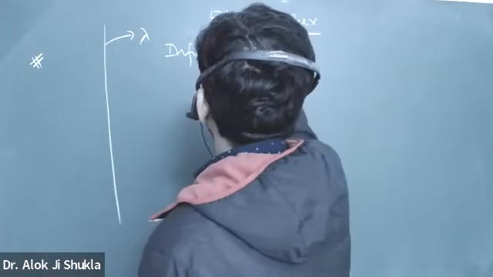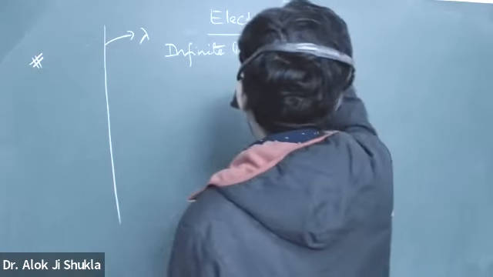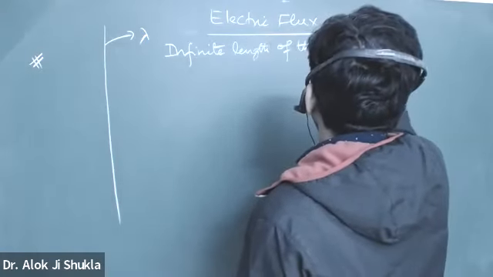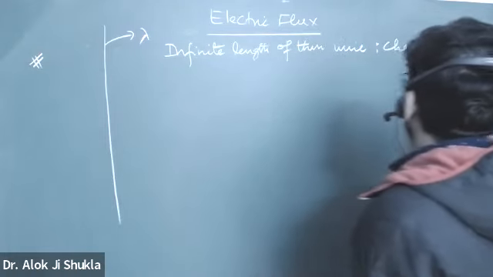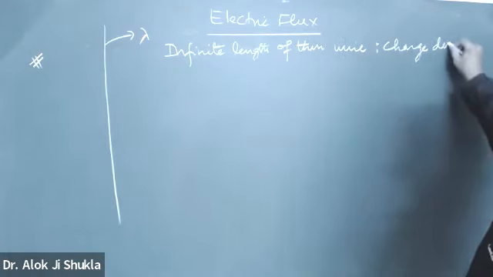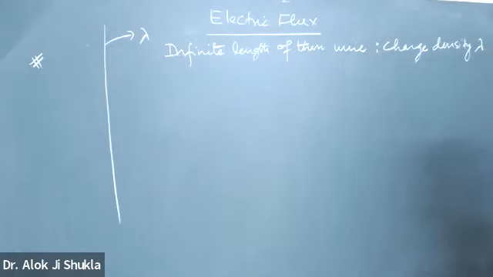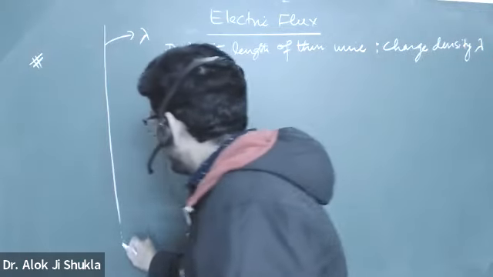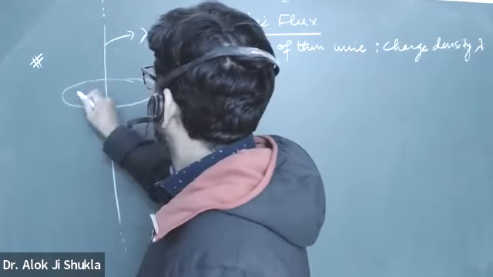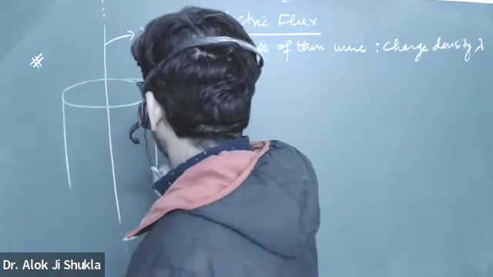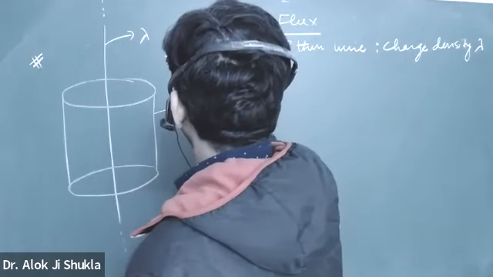Infinite length of thin wire having charge density lambda. For an infinite wire we can calculate because the wire will have cylindrical symmetry. So I will draw a cylinder as a Gaussian surface.